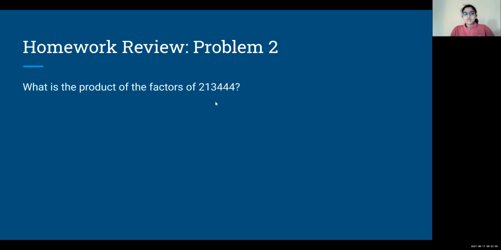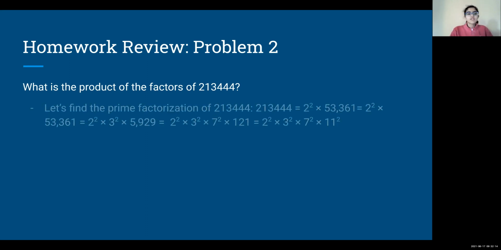Okay, homework problem 2. What is the product of the factors of 213,444? In the chat, please type your answers. Okay, so yes, the answer was 462 to the power of 81. First, what we had to do was find the number of factors. And to do that, we needed to find the prime factorization of 213,444.